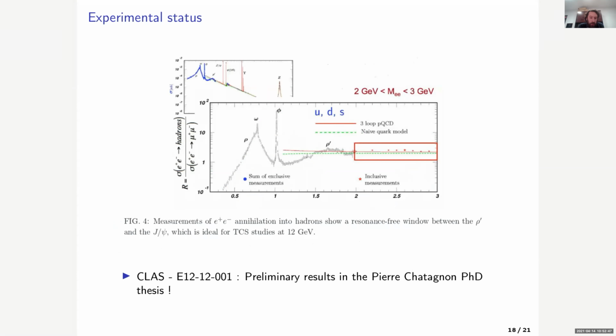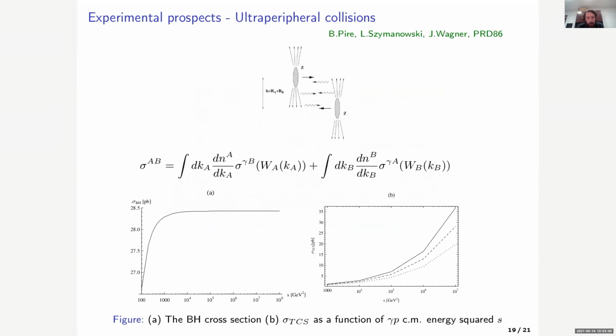But we are really excited about the data coming from CLAS12. And I was mentioning the preliminary results shown by Pierre Chatagnon in his PhD thesis. So we would like also to stress that TCS could be measured in ultra-peripheral collisions, and there are ideas like that.